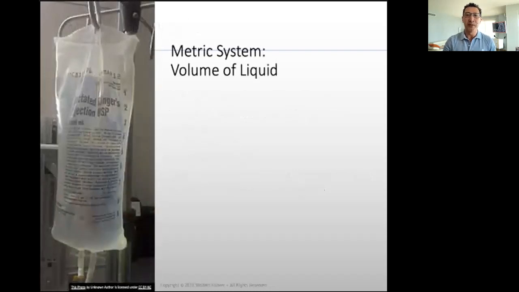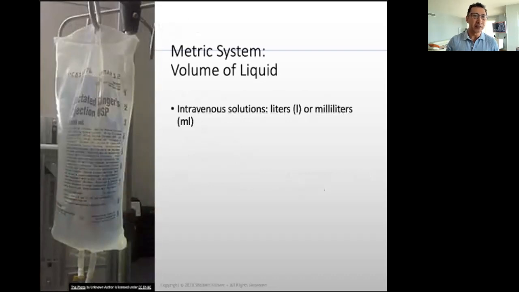Next, under the metric system is volume. In our world, we speak in liters or milliliters. If my patient needs an IV fluid of normal saline, or in the picture, lactated Ringer's, we're going to give this patient a 1 liter bolus, meaning this bag on the screen I'm going to give to the patient as fast as I can.